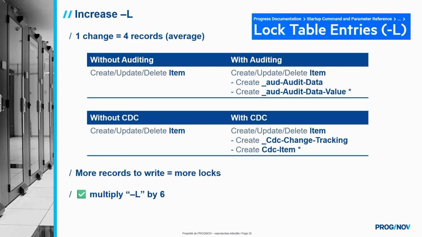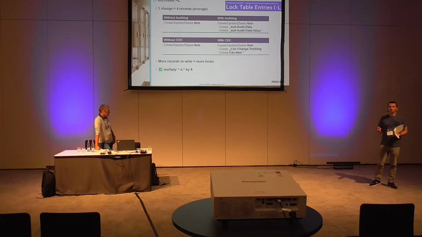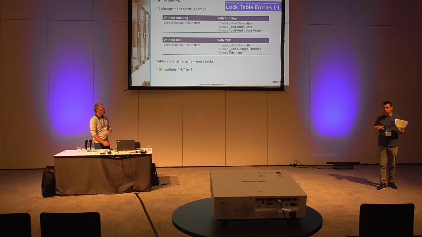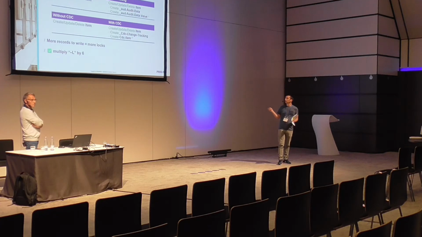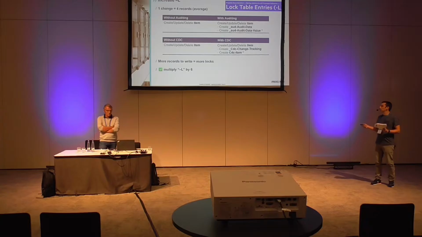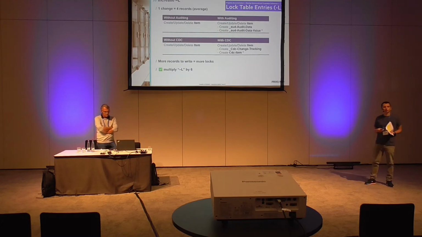Like we said, when there is a change in our item table, it will create many records in audit tables or in CDC tables. So more records to write means more log to set. So we have to increase the -L parameter value. We chose to increase it by 6 to avoid any log table overflow that could crash our application process.